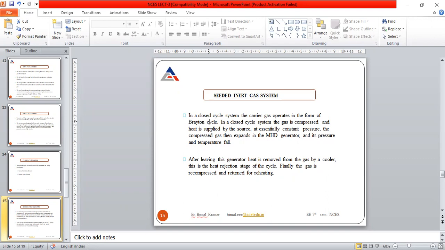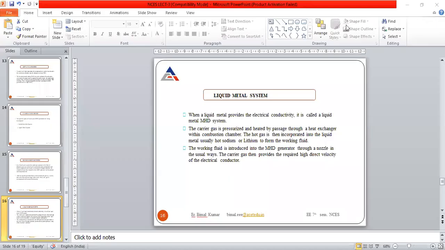This is the heat rejection stage of the cycle. And finally, the gas is recompressed and returned for reheating.